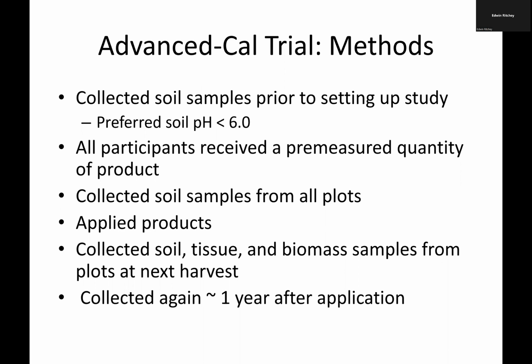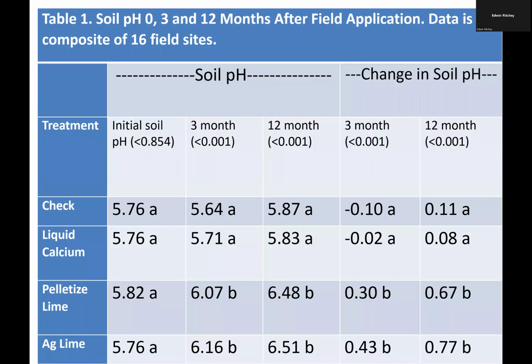Here's the data from the field site. So we have our check, liquid calcium, pelletized lime, and ag lime. Our initial soil pH was around 5.8, not too bad. If we look 2 to 3 months out, the check and the liquid calcium were pretty much the same as what they were at the beginning.